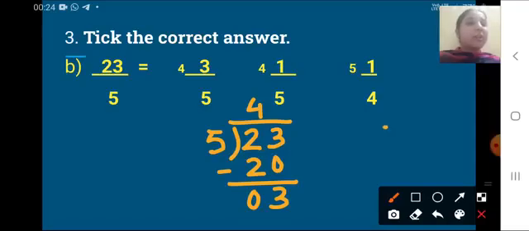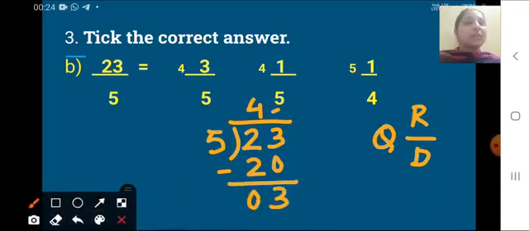If you remember, to write the mixed fraction, we write the quotient in the middle, then the remainder and then the divisor. What is the quotient here? The quotient is 4, so we'll write 4 here, and then the remainder is 3 and the divisor is 5. So our answer is 4 whole 3 upon 5.